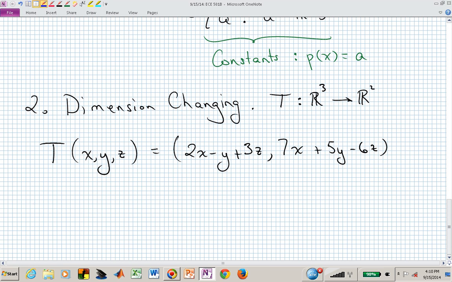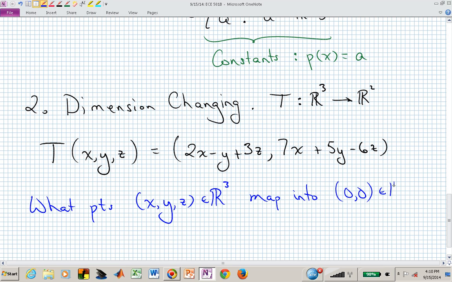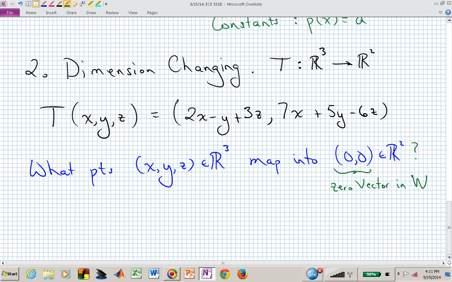We want to know then what points x, y, and z that belong to R3 map into the zero vector in R2, where R2 is our codomain. What does that really imply?